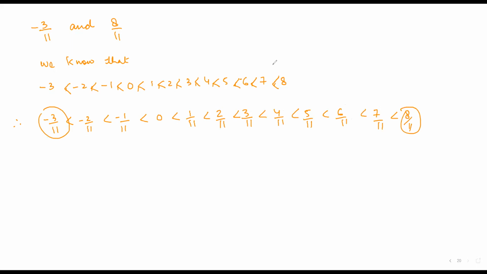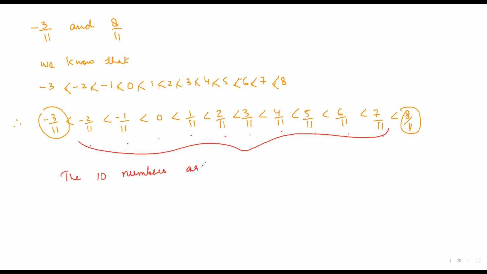So how many numbers are there? 1, 2, 3, 4, 5, 6, 7, 8, 9, 10. I have 10 numbers which are actually falling between -3 and +8. So you will write the 10 numbers are -2 by 11, -1 by 11, then 0, 1 by 11, 2 by 11, 3 by 11, 4 by 11, 5 by 11, and 7 by 11, right?